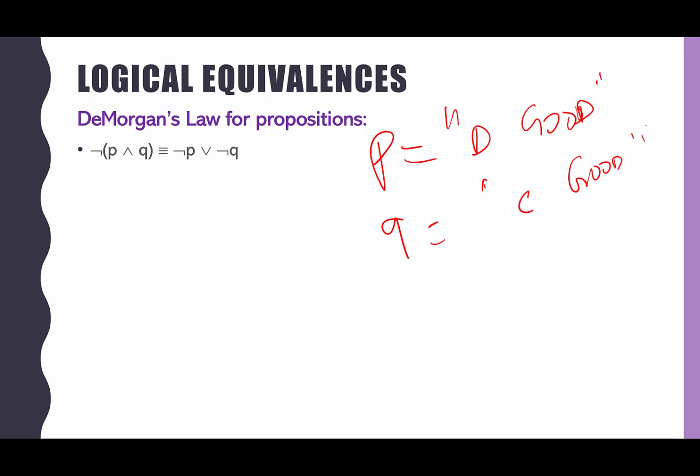So what does this say in that context? Just the stuff on the left. Don't worry about the logical equivalent on the right. It's not true that dogs are good and cats are good. Because if I ignore the negation, I'm simply saying dogs are good and cats are good.